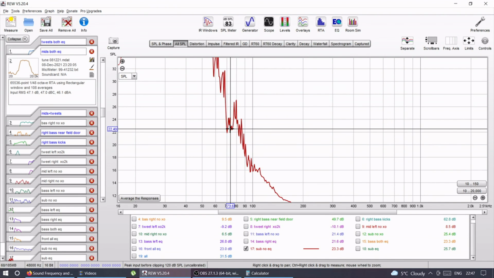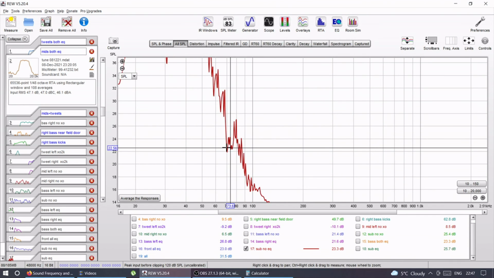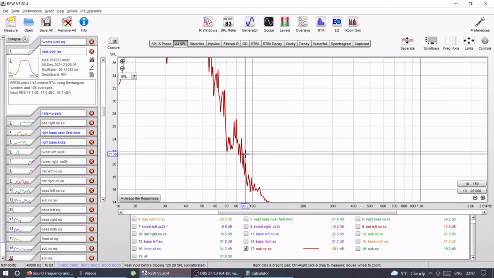And I think this is because of the length of the car, and my subwoofer is just behind the rear seat, so the only way I can change it, I think, is to get rid of the spare wheel and put the subwoofer in there, and hopefully this dip is going to shift to maybe 90 or 100 hertz, and then it's going to be less of a problem when I will need to integrate it into the front.